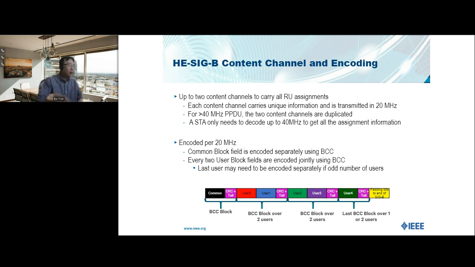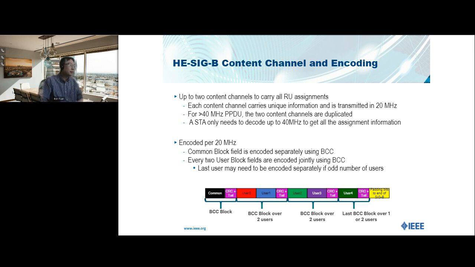So in other words, the payload size of HE-SIG-B is twice that of HE-SIG-A, because you don't duplicate every 20 megahertz, you only duplicate per content channel, okay? Two content channels, I will go into detail in the following slide, but each content channel is unique information transmitted on 20 megahertz, and for 40 megahertz, the two content channels are duplicated. The station only needs to demodulate up to 40 megahertz to get all the assignment messages.